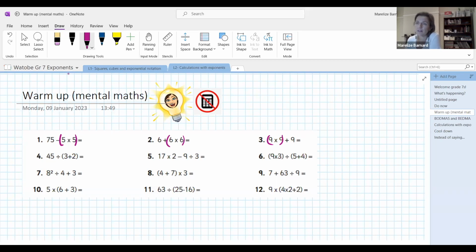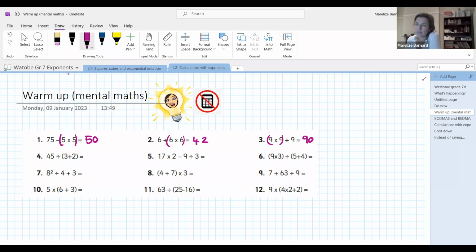So 75 minus 25 is 50. And then you do the 6 times 6 first because it's BODMAS, and then 6 plus 36 is going to give me 42. And then here 9 times 9 is 81 plus 9 is 90.